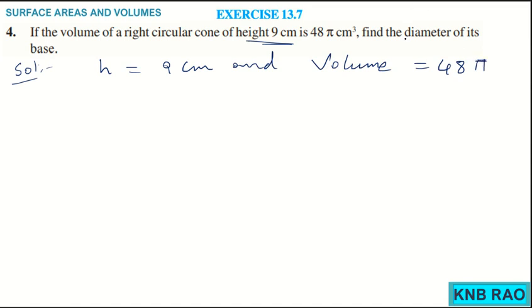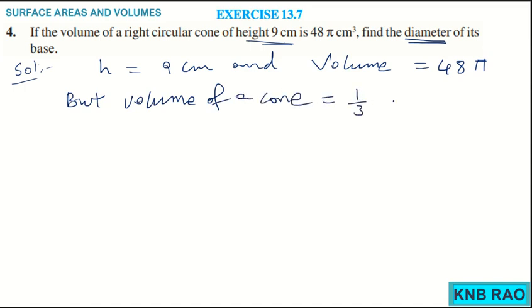They are asking us to find the diameter. In the previous question you found the radius, and double of radius is diameter. In the same way we will do it. Volume of a cone is found through the formula 1/3 pi r square h.